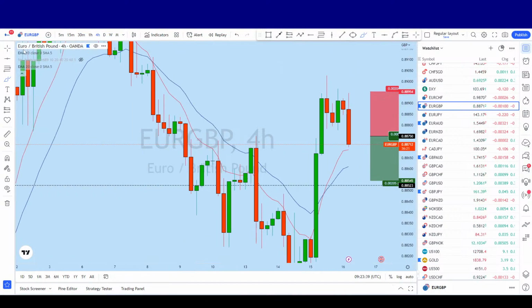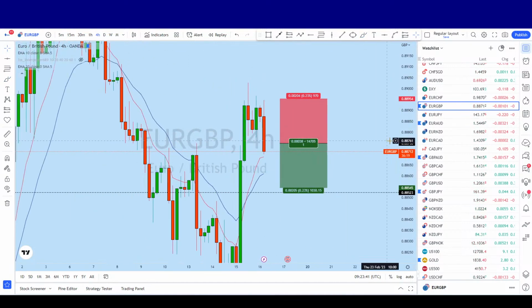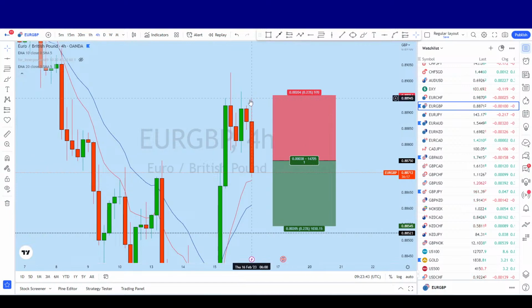Now this is the time frame on which we entered the trade on Euro GBP. You can see that there is a liquidity gap here, crossing a couple of sessions' highs, and the price is now coming significantly to the downside.